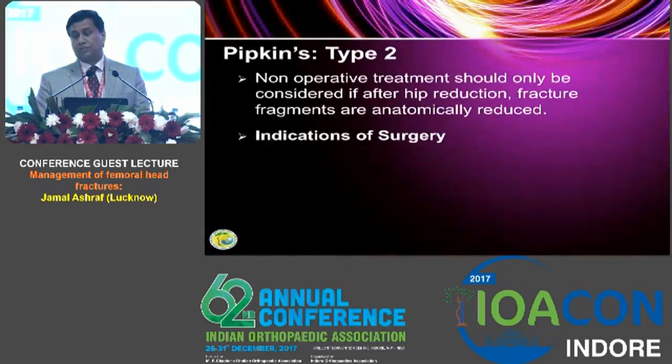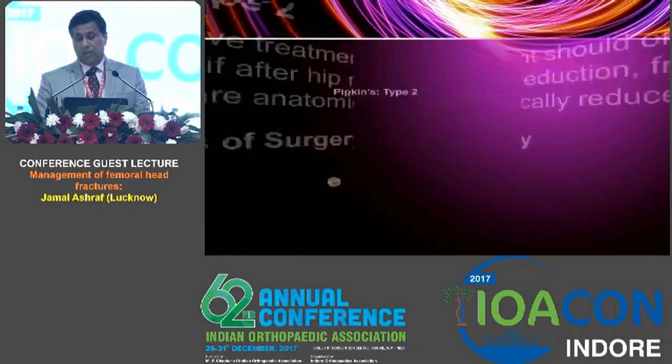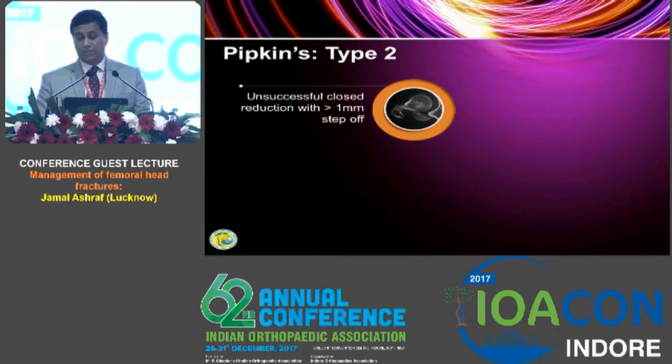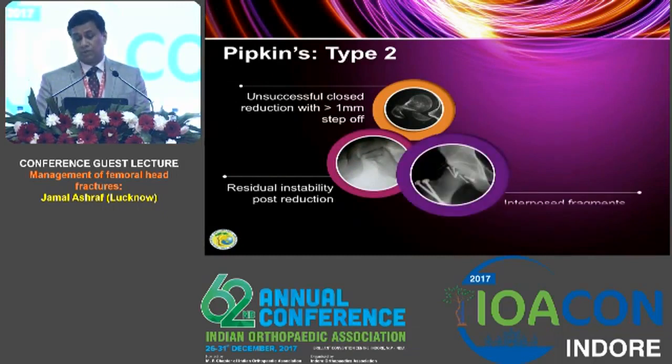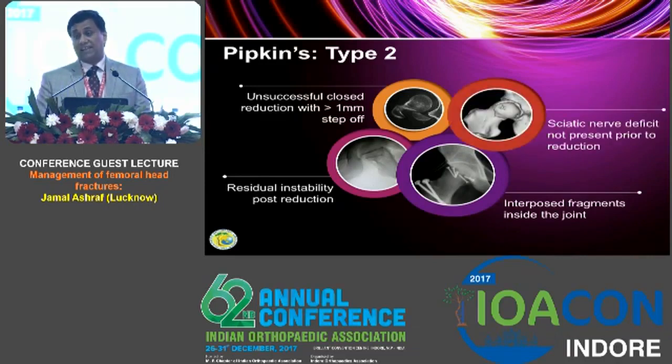Non-operative treatment should only be considered if after hip reduction the fracture fragments are anatomically reduced, and therefore the indications for surgery would naturally be an unsuccessful closed reduction with more than 1 mm of step-off, or any residual instability post reduction, or the presence of any free fragments inside the joint, and importantly, a case where sciatic nerve deficit has occurred which was not present prior to reduction.